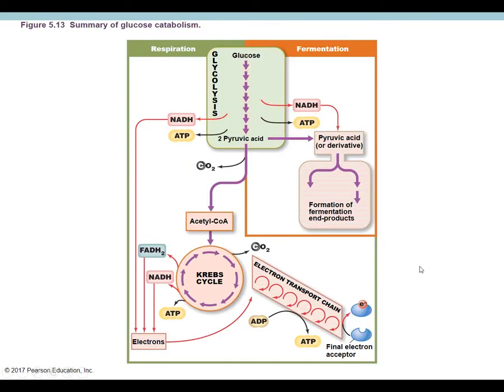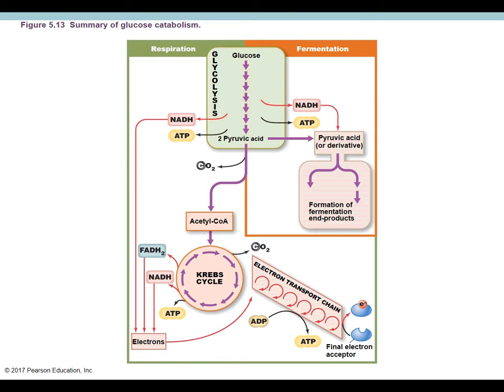So this picture shows a very broad overview or summary of glucose oxidation. And you can see here at the top, you start with glucose. You may recall there are 10 enzymatic steps called glycolysis that breaks down the glucose into 2 pyruvic acid, or pyruvate.